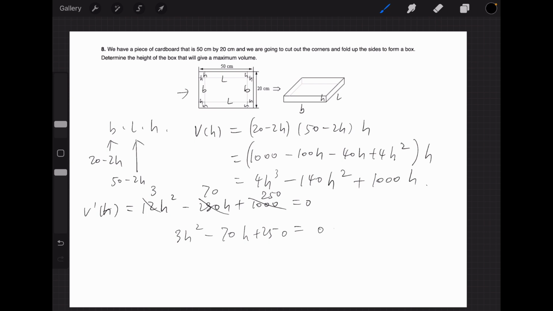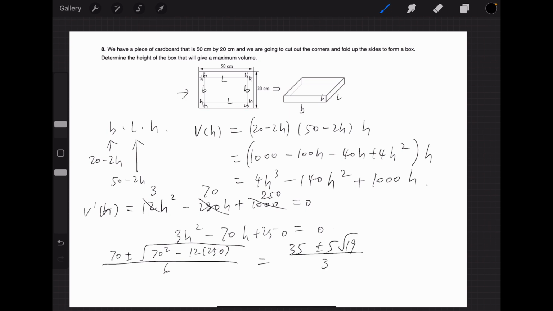Using the quadratic formula to solve for H, we get 70 plus or minus the square root of 70 squared minus 12 times 250, over 6, which gives us (35 plus or minus 5 square root 19) over 3. This is approximately 4.4 or 19.